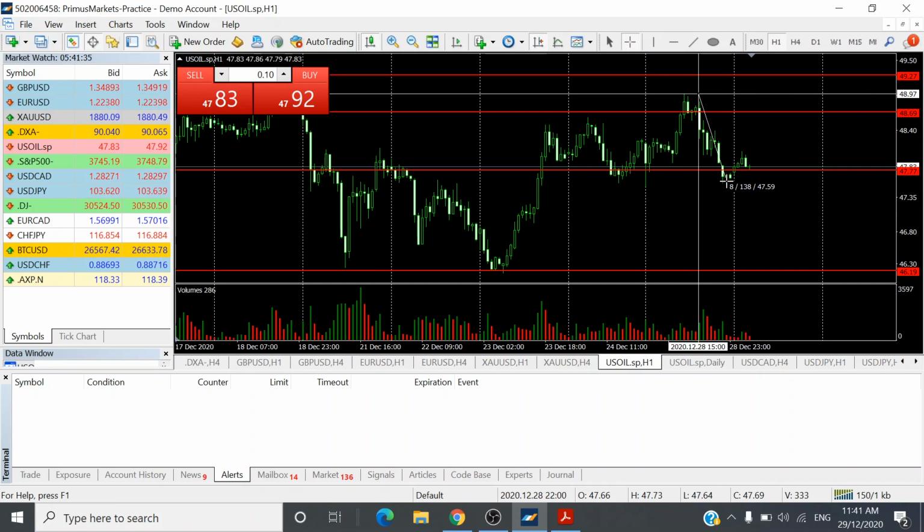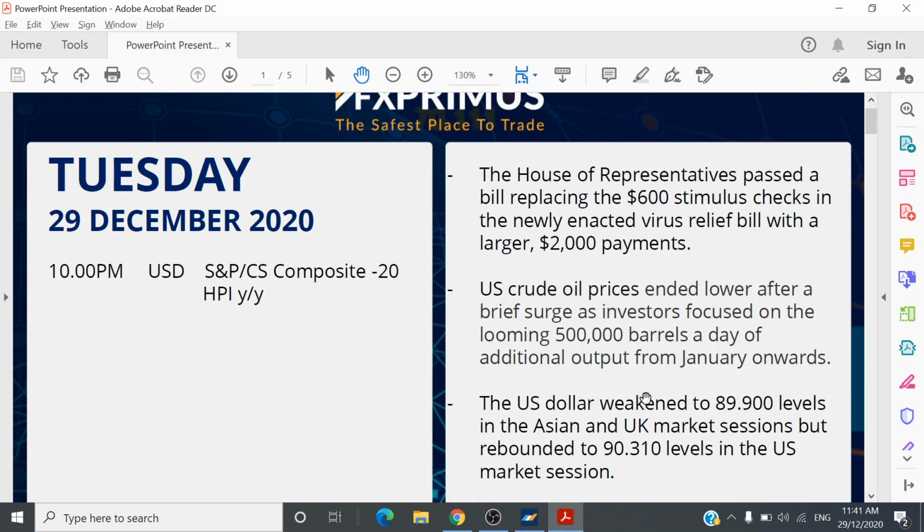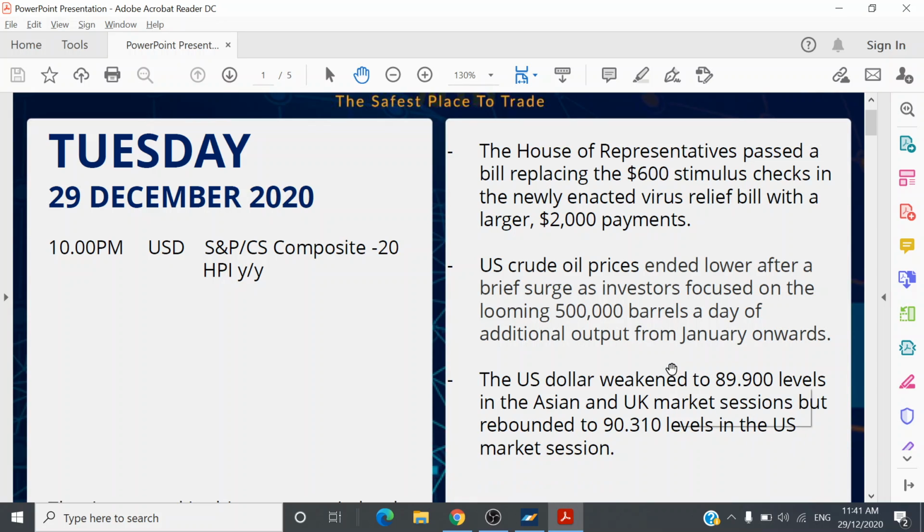It came back down to 47.59, coming down about $1.38, largely due to the fact that number one, although the vaccine is being distributed globally, new mutations of the coronavirus strain have been found, and also keeping in mind the fact that come 1st of January 2021, an additional 500,000 barrels a day of crude oil will be pumped into the market from the 1st of January.